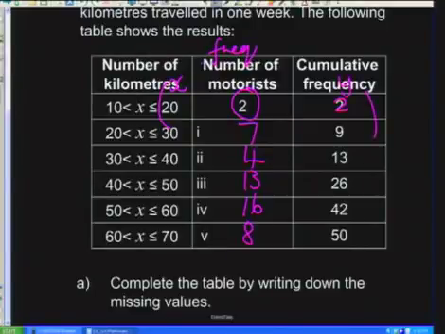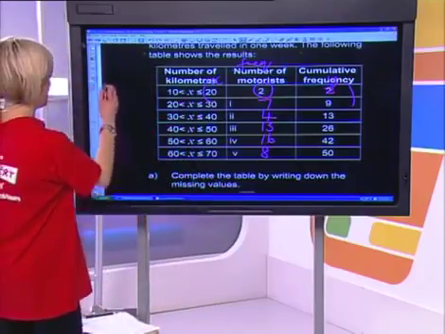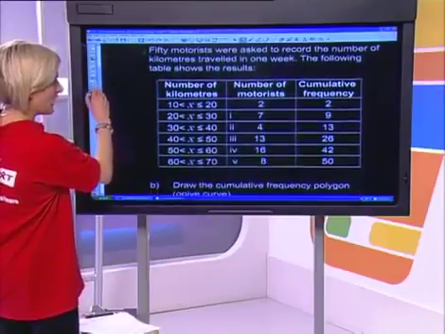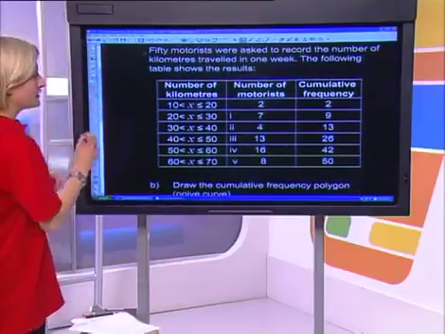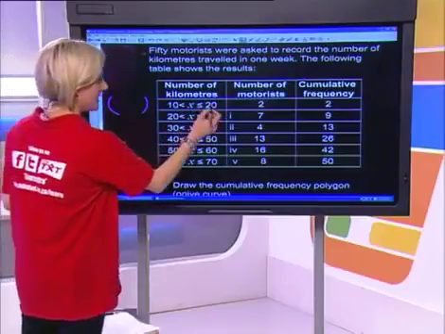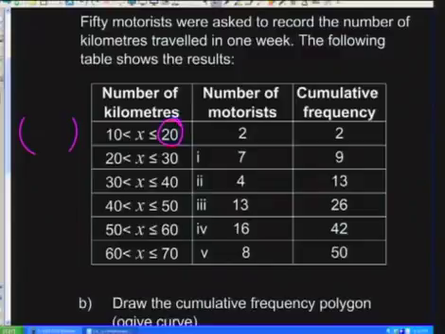So the x value is the end of the class interval, the y value is the cumulative frequency. So let's carry on with that. And what I like to do is I like to make a little coordinate set for myself to plot here. So I say, right, the end of the first class interval is 20. The cumulative frequency is 2. So the first point that I will be plotting will be 20 and 2.